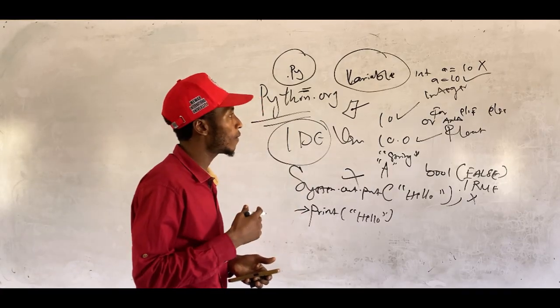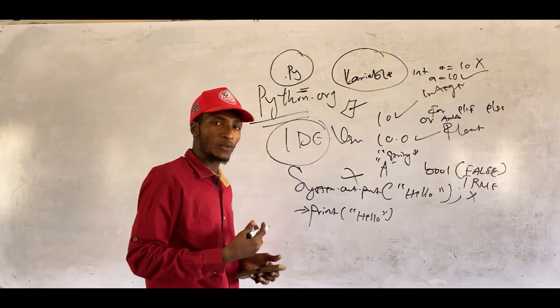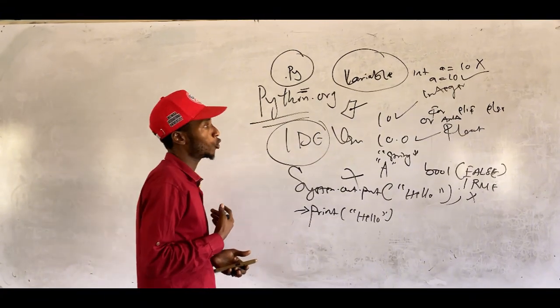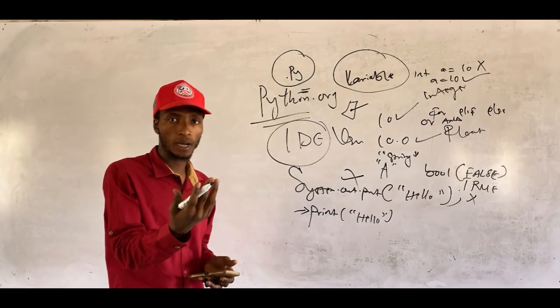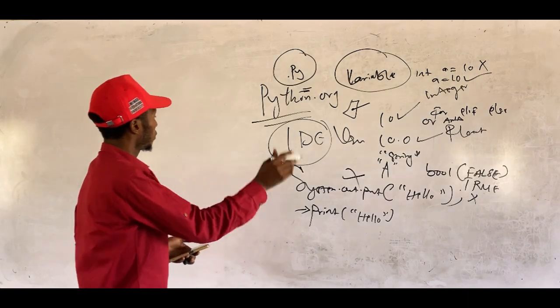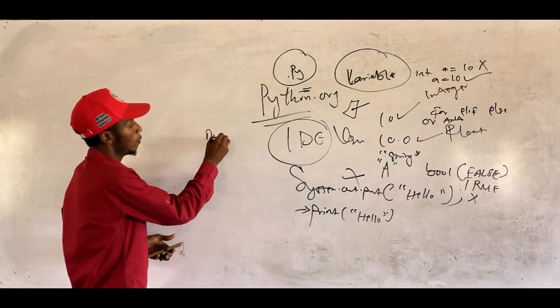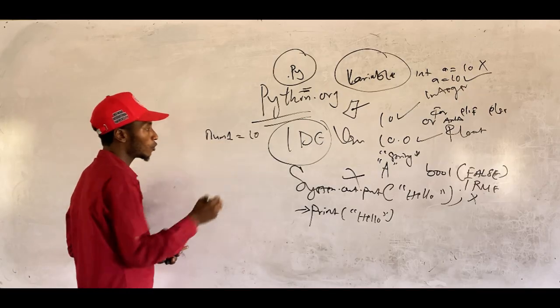You should have a name that will uniquely identify your variable. Let's assume you want to accept a number from a user, a first number, a second number. How can you go about that? Num1, for instance, then store the first number.